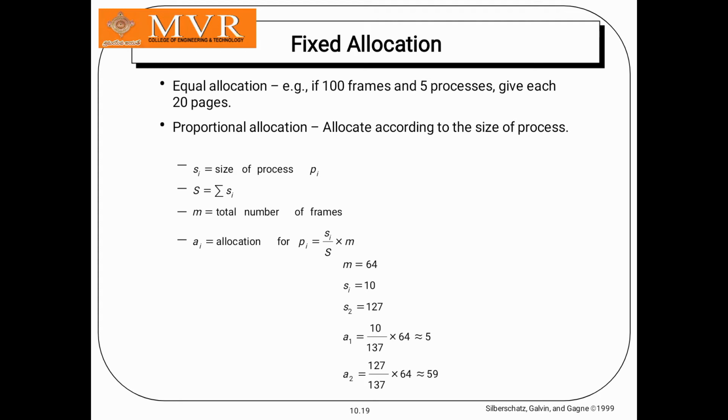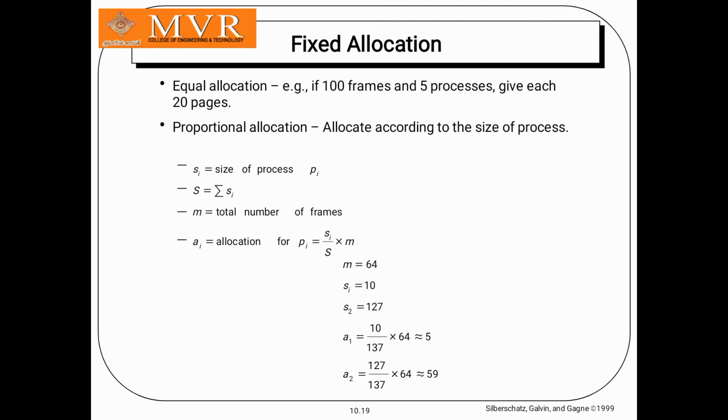So ai is how many frames we allocate to process i. The formula is ai equals Si divided by S into M, where M is the total number of frames and S is the sum of Si.